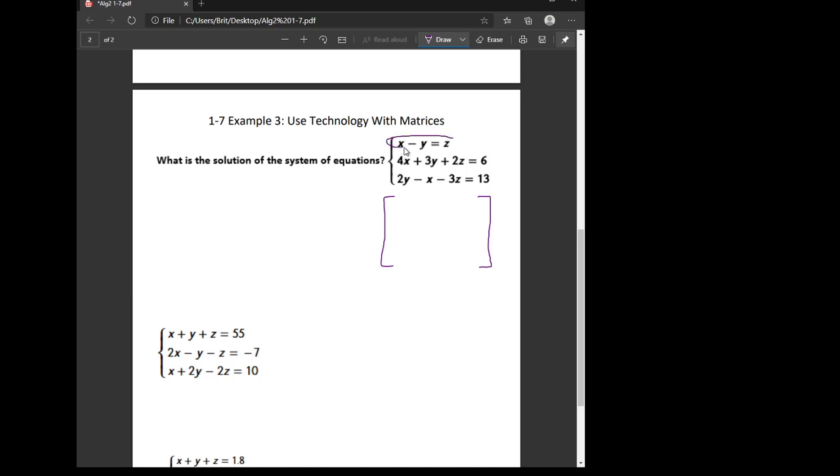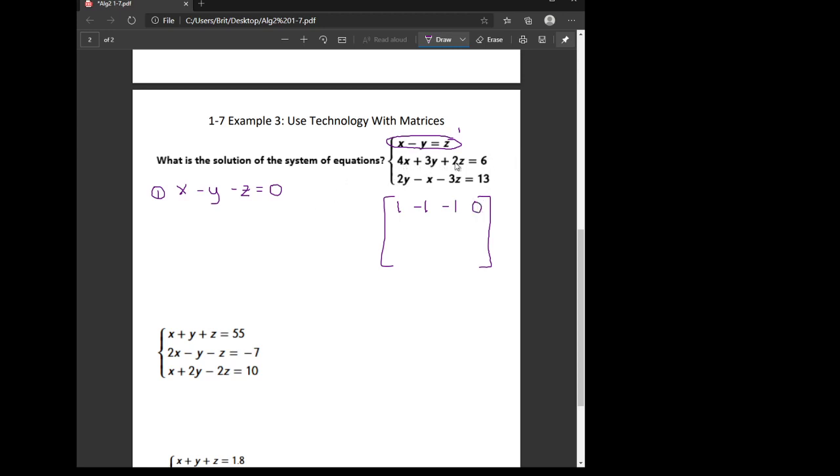So here, for equation 1, if you notice, the z is in the wrong spot. So I'm going to subtract z to the other side. So equation 1 is going to look like x minus y minus z equals 0. And when I go to write it into my matrix, I have 1, negative 1, negative 1, 0.